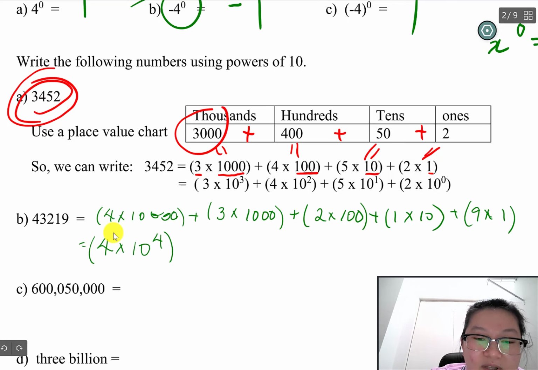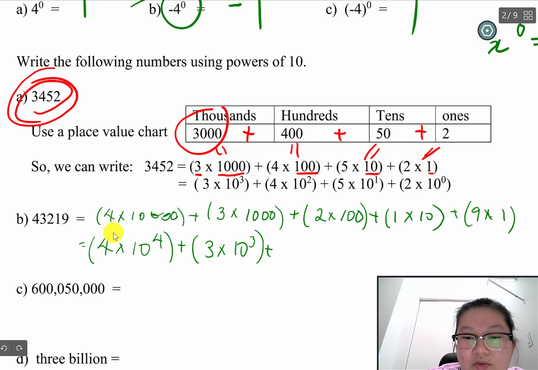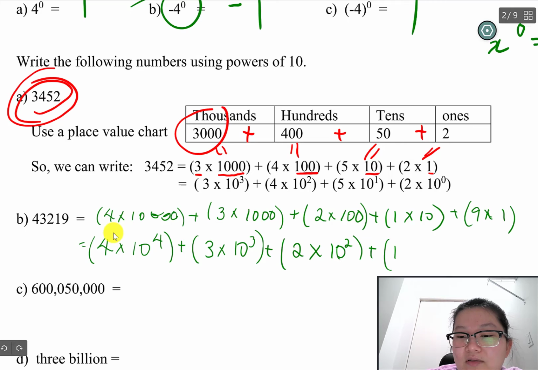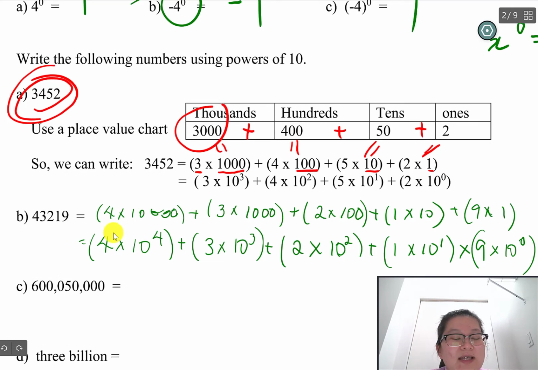Plus 3 times how many zeros? 1, 2, 3 zeros. Plus 2 times how many zeros? 2 zeros for 100. And then 10 is just 1 zero. And then 9 times 10 to the power of 0 because there are no zeros. So that's example B.